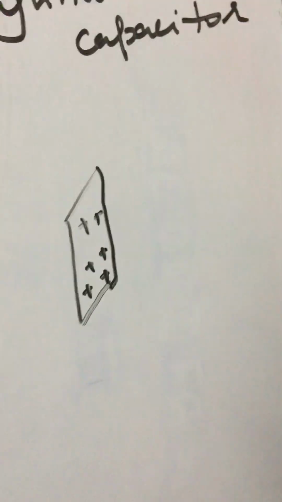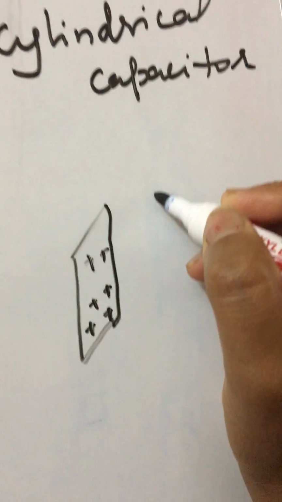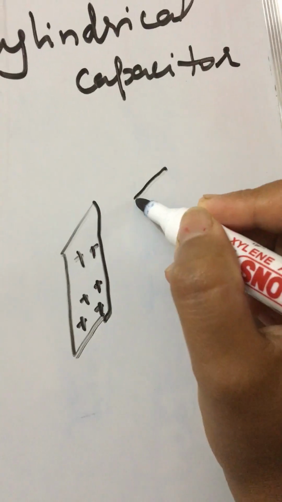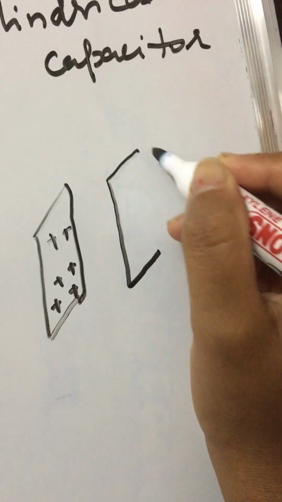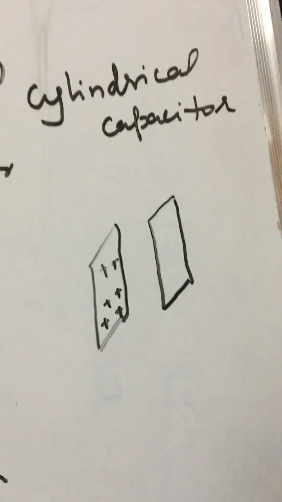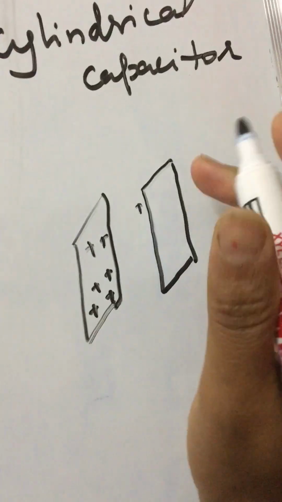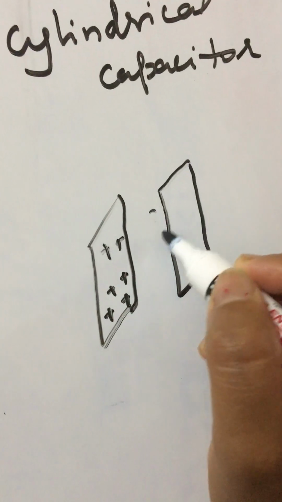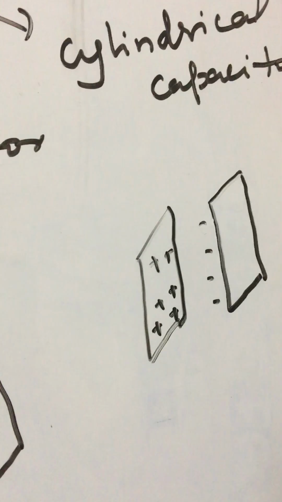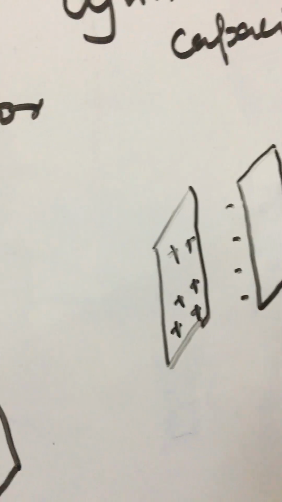Now near to it, let's say I have brought another plate near to it. Then what will happen? Because of the induction, the inside of the plate will turn negative, right? Equally. And the outside of the plate will turn what?